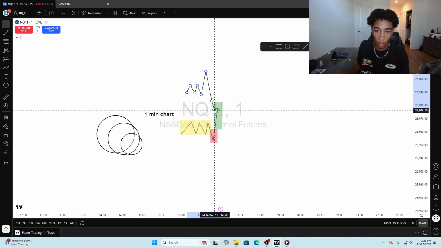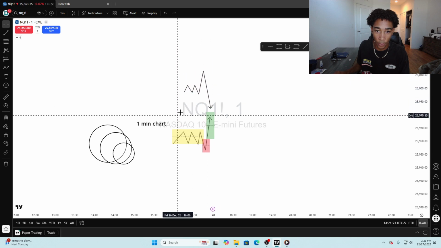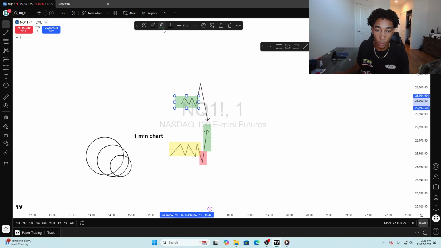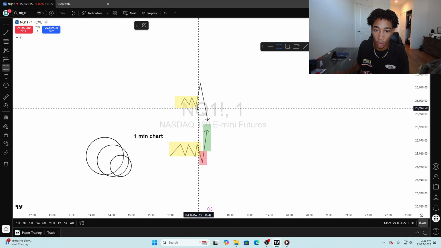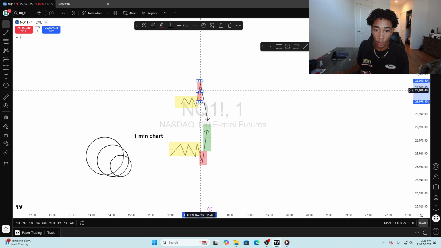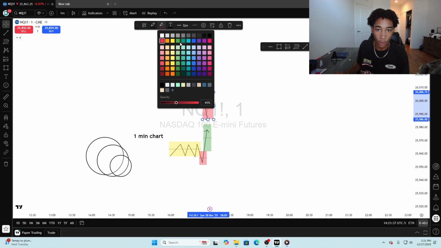This is how this looks on the 5 minute. So now this becomes your accumulation, this becomes your manipulation, this becomes your distribution.